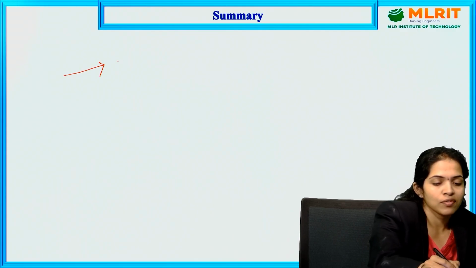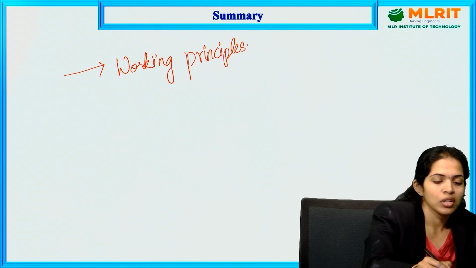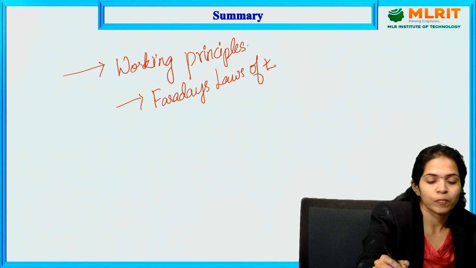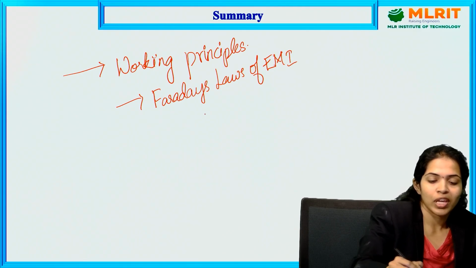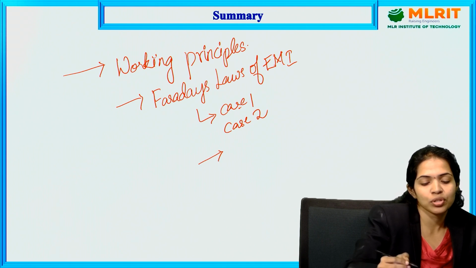So, summary of today's class: we have first discussed the working principle of a DC generator, under which we have seen the different cases of Faraday's laws of electromagnetic induction. We have analyzed two cases, when the magnet is stationary and when the magnet is rotating, and the respective EMF equation.